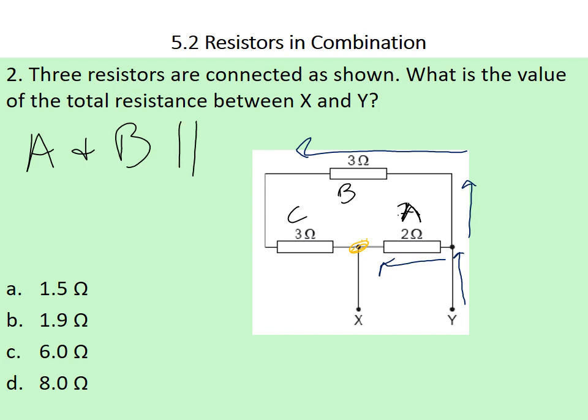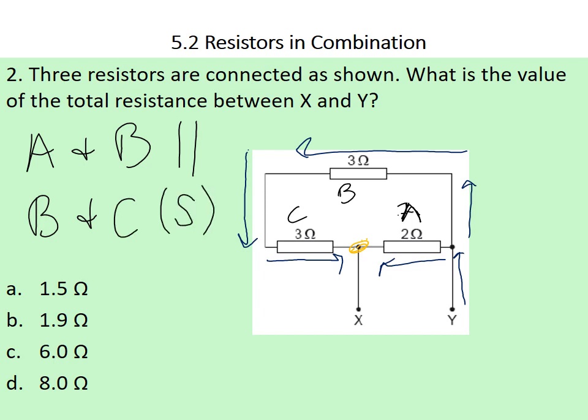Okay, so let's keep following the current as it goes through resistor B, which is 3 ohms. It can go through here and here again. Because there is no junction between resistor B and resistor C, that means the current has to travel through both B and C. So B and C are in series.